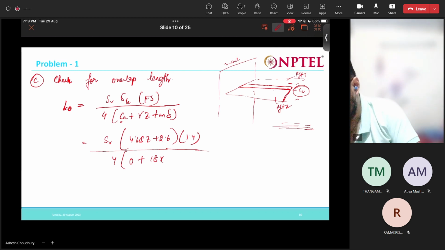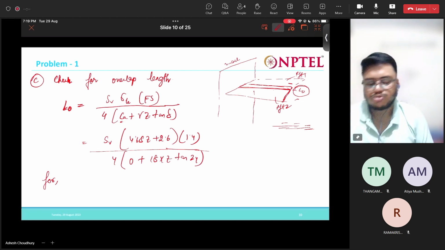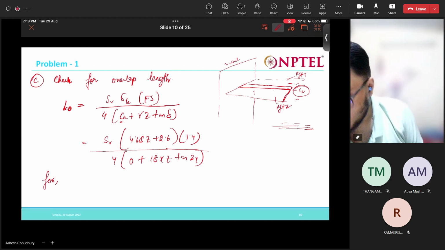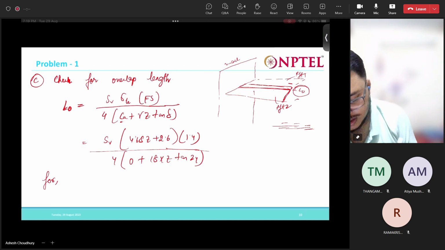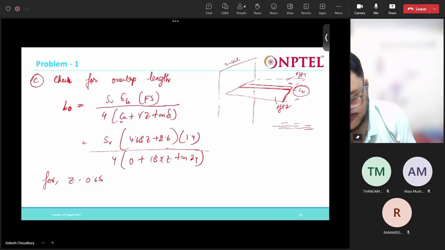So 18 into Z, 10.24. Now this overlap is actually maximum at the uppermost layer, for Z equal to 0.65 meters, because obviously since Z increases, L naught is going to reduce.